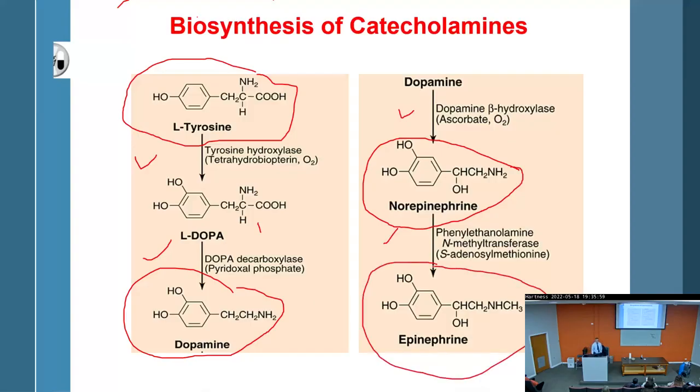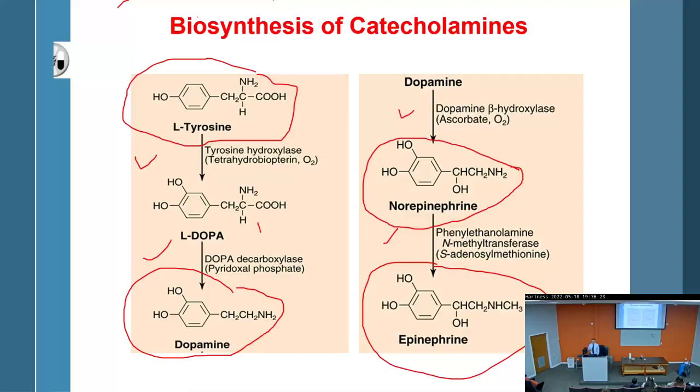And this synthetic pathway exists in mostly every sympathetic neuron, okay? Except some in particular regions of the central nervous system that don't have this part on the right. Because they don't have those enzymes, they only produce dopamine. You've probably heard about the dopaminergic system.